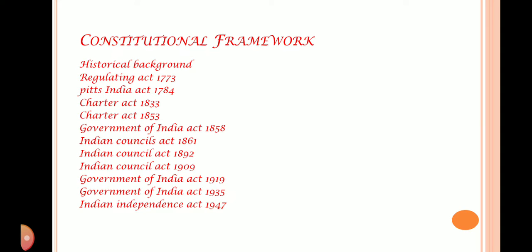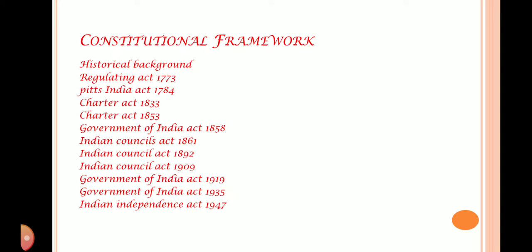three lists. First one, federal list for centre with 59 items. Next, provincial list for provinces with 54 items, and the concurrent list for both with 36 items. Residuary powers were given to the viceroy. It introduced provincial autonomy instead of diarchy in provinces.